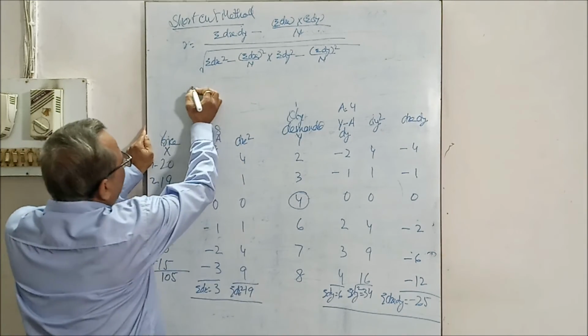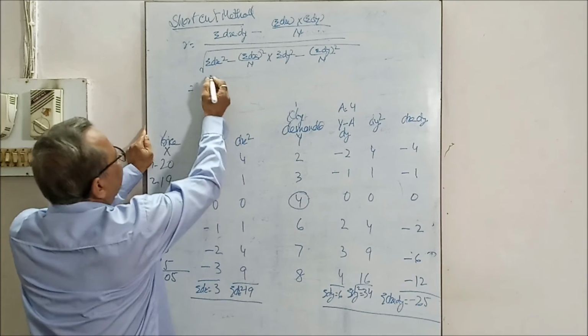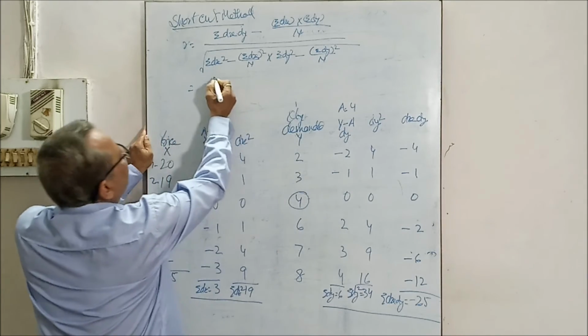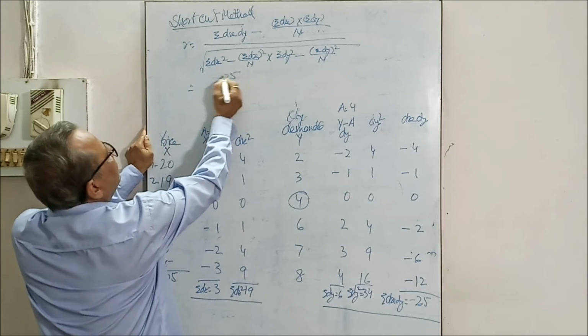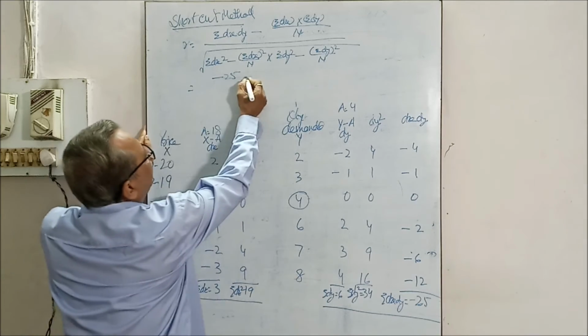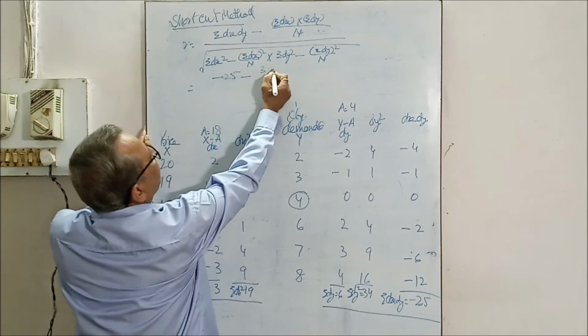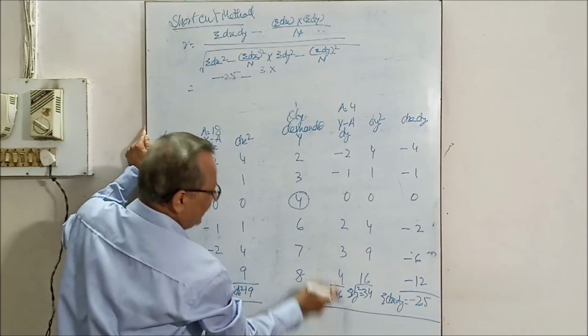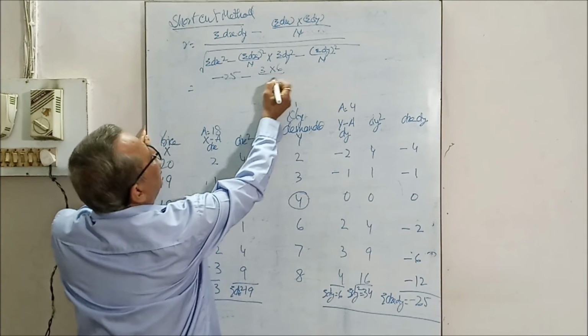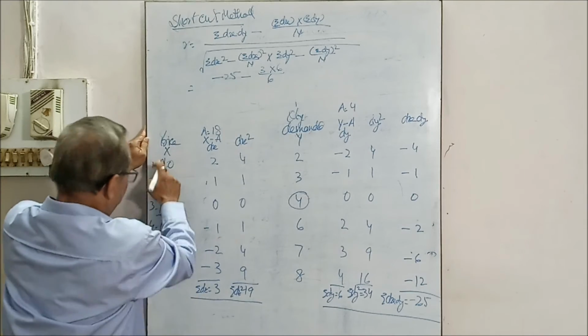Now we'll put all the values in it. Sigma dx dy is minus 25, minus sigma dx is 3 into sigma dy is 6 upon n, which is 6: 1, 2, 3, 4, 5, 6.